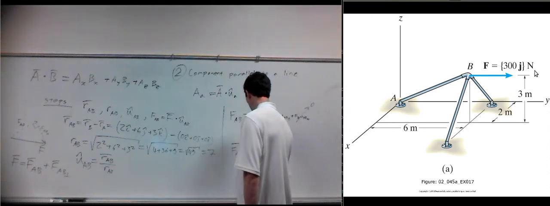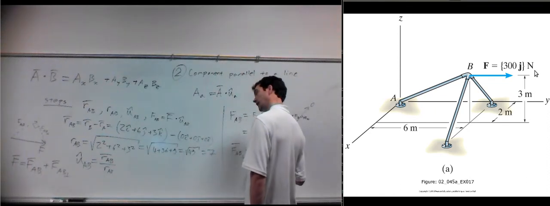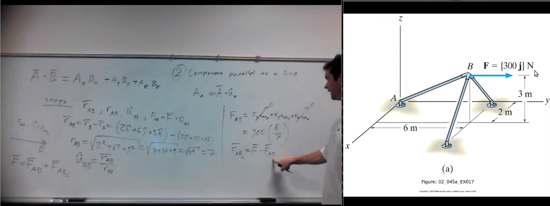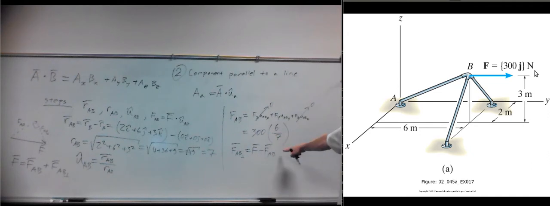FAB perpendicular is equal to F minus FAB. So F we already know, FAB we know its magnitude, but we need a vector.